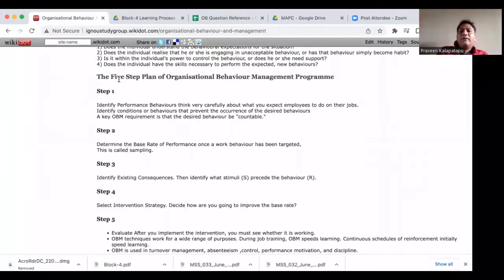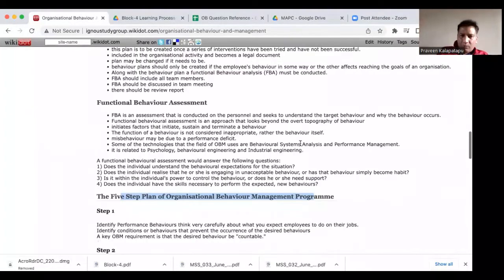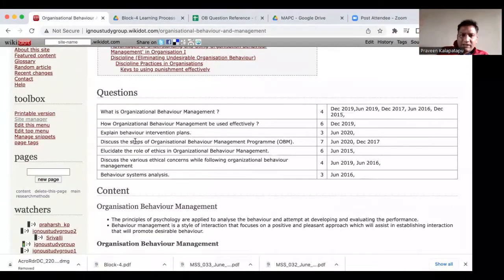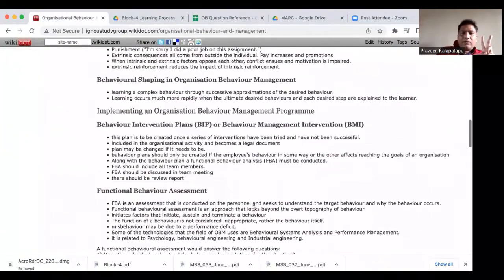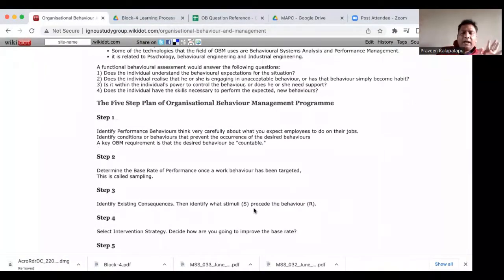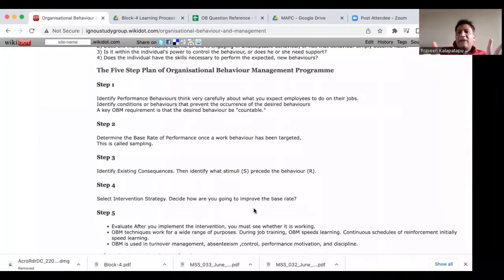So now we are going into the 5-step plan of our organizational behavior management program. This is one more question about the steps of the organizational behavior management program that came up twice. Okay, so now what are the steps? Most of the steps are very easy, you can easily guess them.